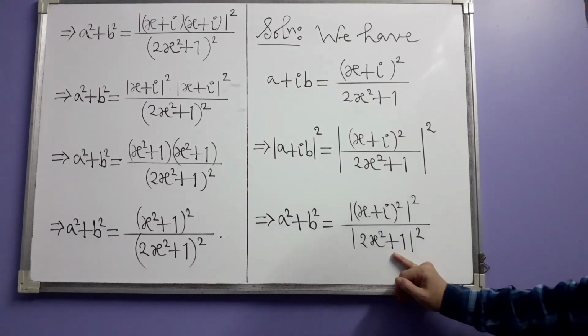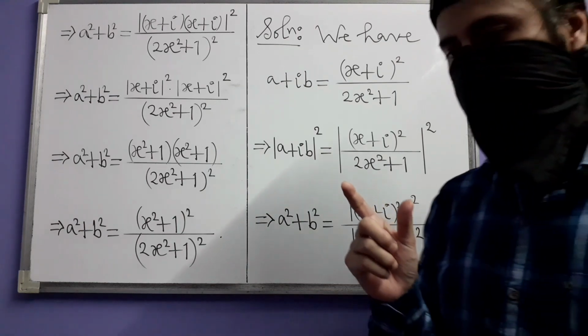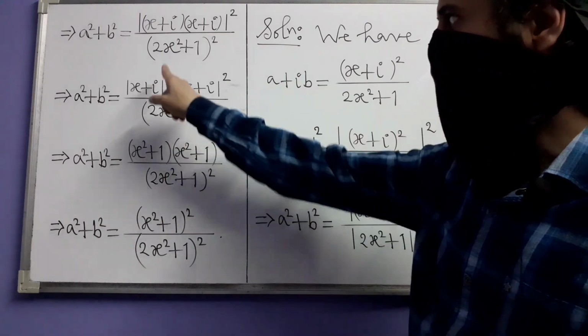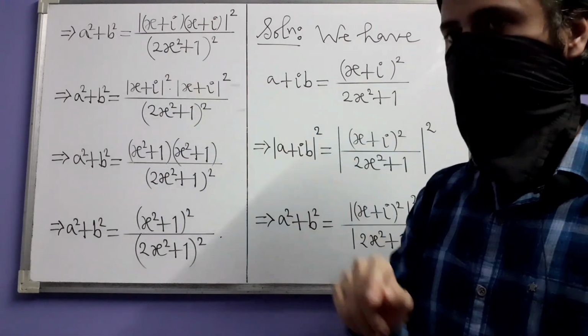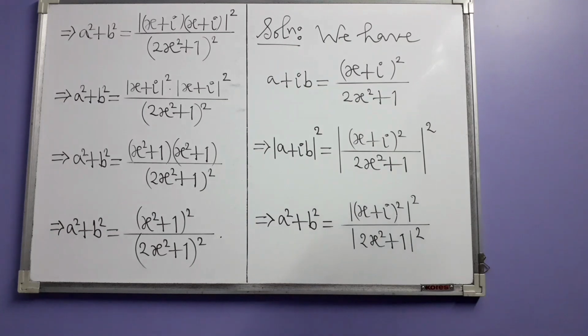What is happening to the denominator? Just now I have said that 2x square plus 1 is a real number, and actually it's a positive real number. Even when x is negative, because there is square, you are going to get positive value.